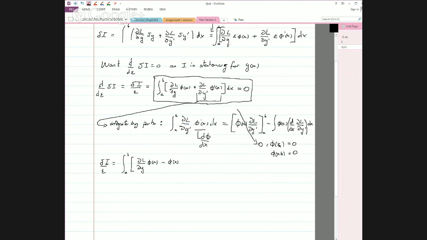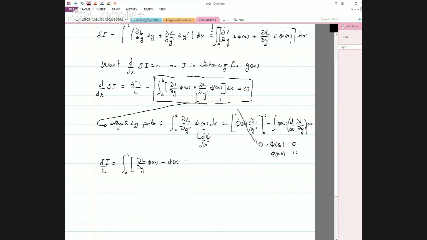So when you do it by parts, the first term is the phi prime function integrated, so that's phi of x, times the other function unchanged, minus the integral of phi of x times the derivative with respect to x of the other function. So I forgot this d/dx term here.